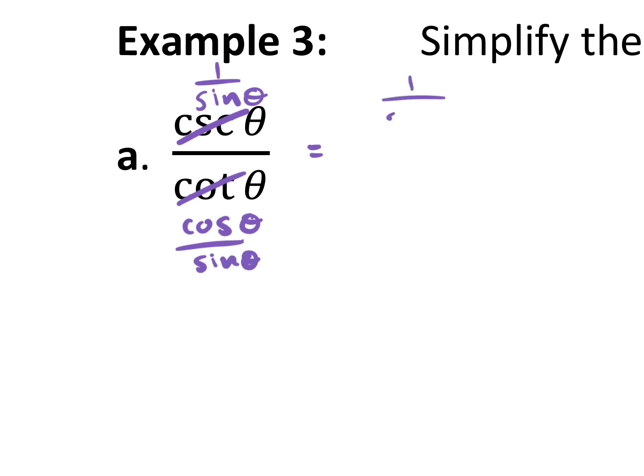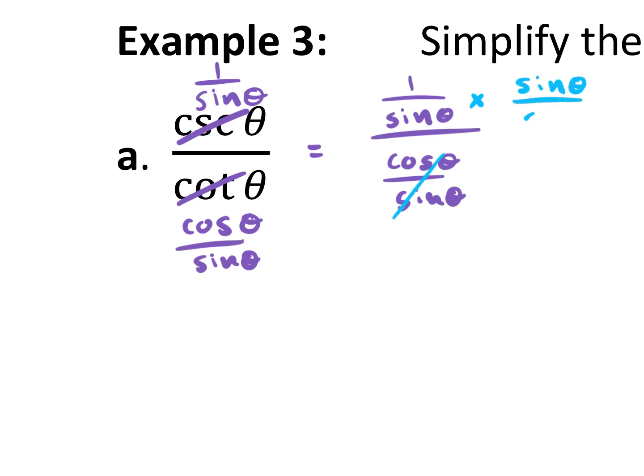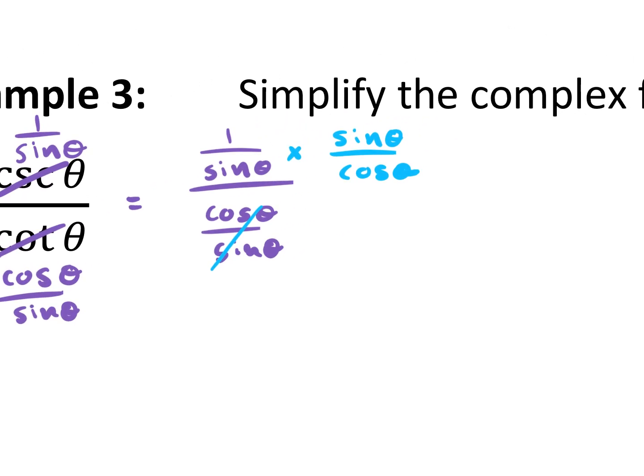So I have 1 over sine over cosine over sine. What do I do when I have a fraction in a fraction? Keep, change, flip. So keep the top, change to multiplication, and flip the bottom. So I'm flipping this to sine over cosine.